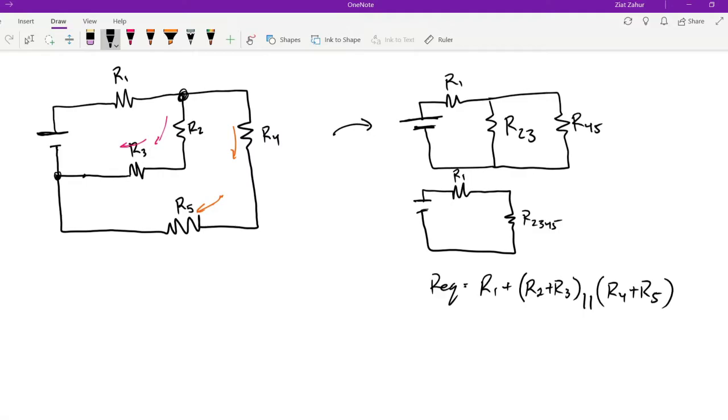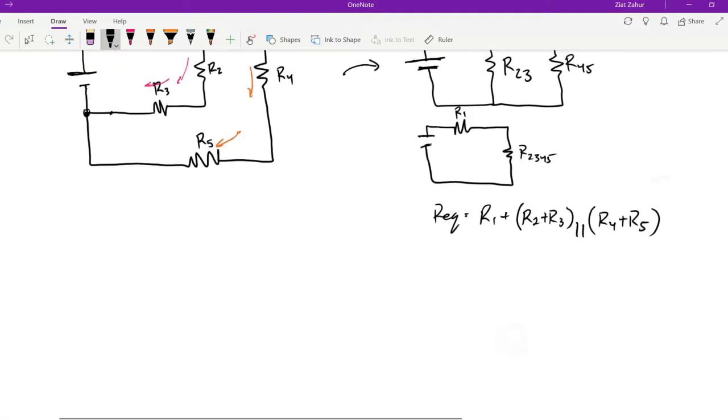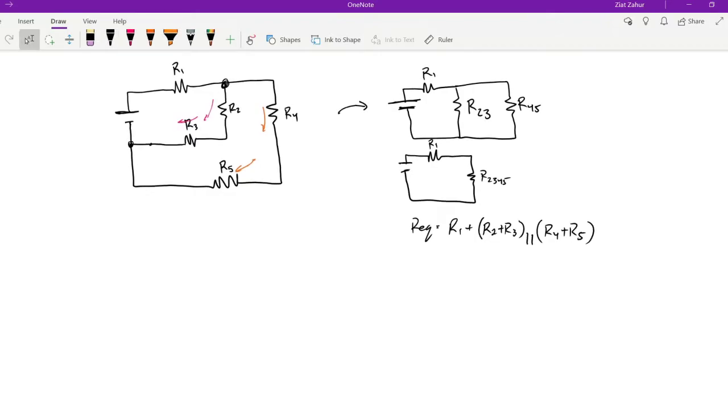Okay, so you gotta do the series first, put them together, then do the parallel, and then another series with R1. Okay, so instead of doing all that, one way to do it is to write loop rules.